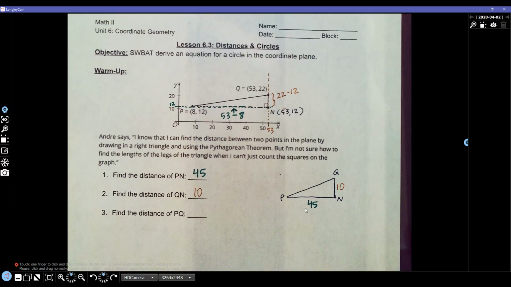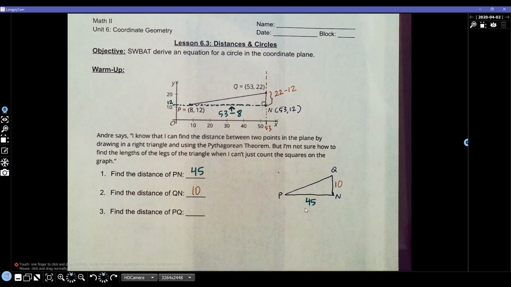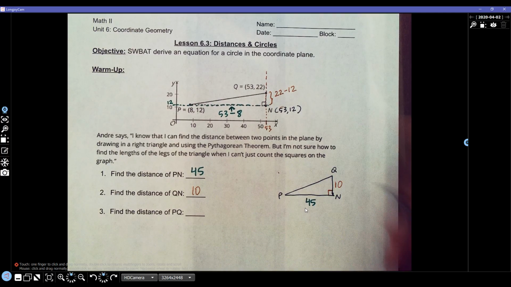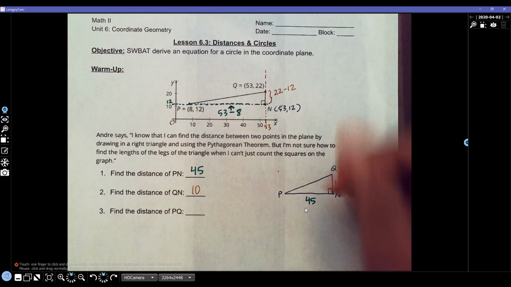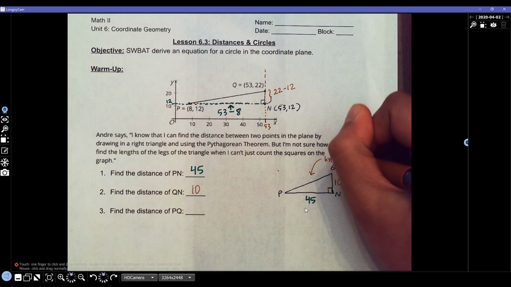All right, so our last question is to find the distance of PQ. And if you remember, when we have a right triangle, we call PQ our hypotenuse. So I'm going to write this down as our hypotenuse.